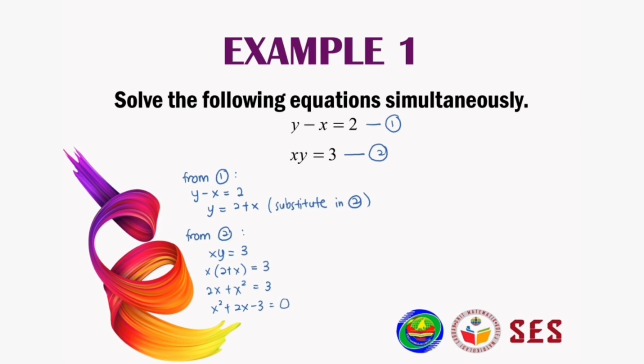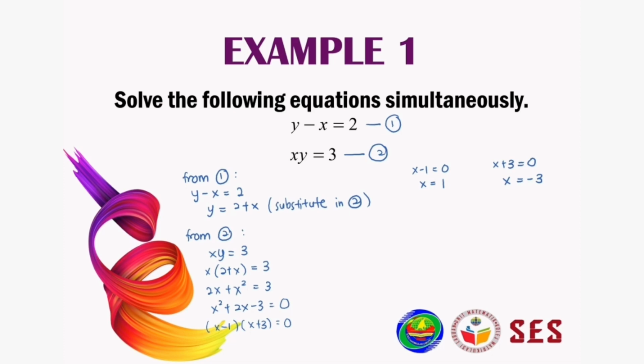By using calculator, we have the first factor as x minus 1 and the second factor as x plus 3. Therefore, our first solution is x minus 1 equals 0, so x equals 1, and the second solution, x plus 3 equals 0, so x equals negative 3.